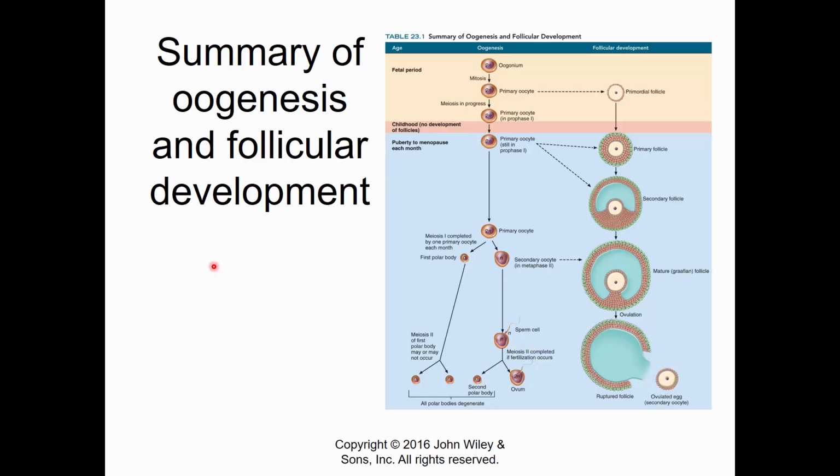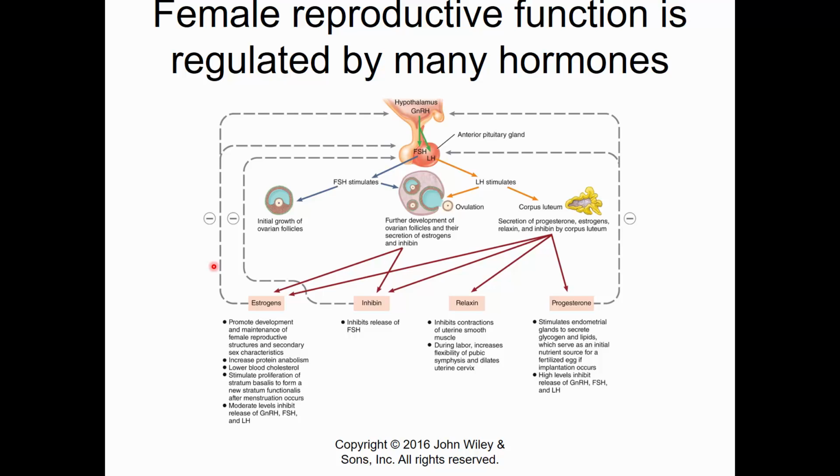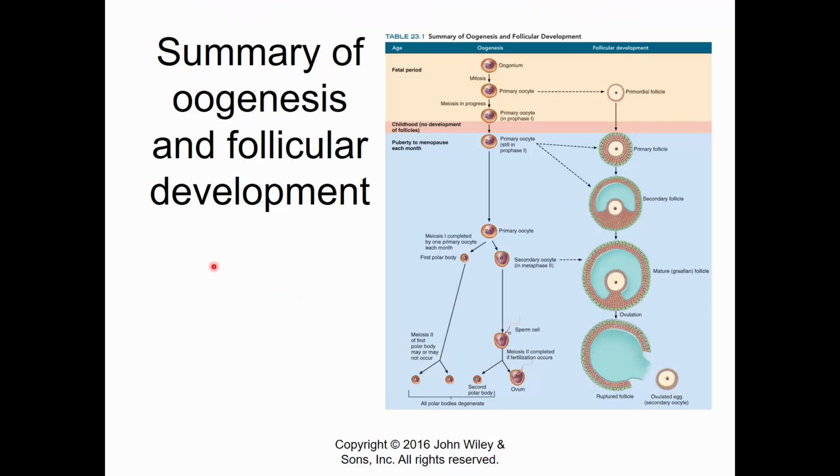So if you remember, I guess I didn't put the diagram in there, but when we talked about male reproduction, I showed you a general drawing of meiosis. Meiosis is essentially two divisions after one DNA replication.